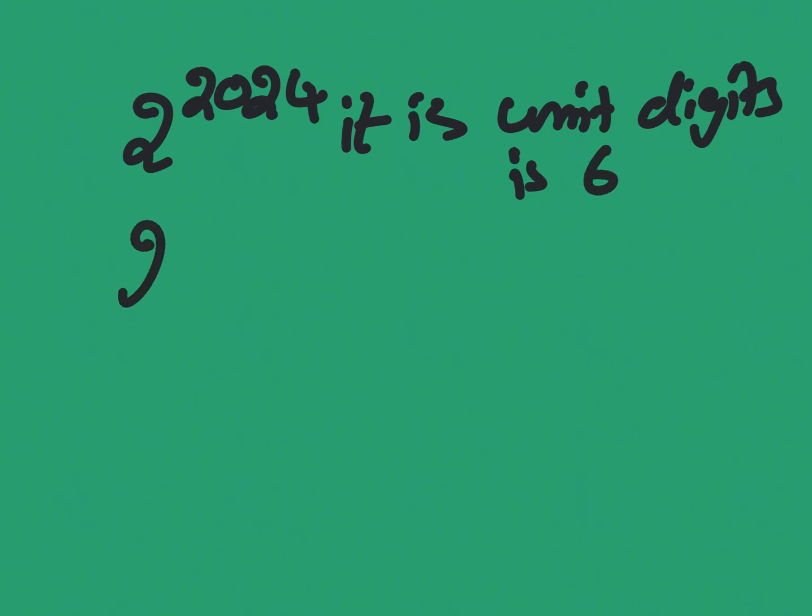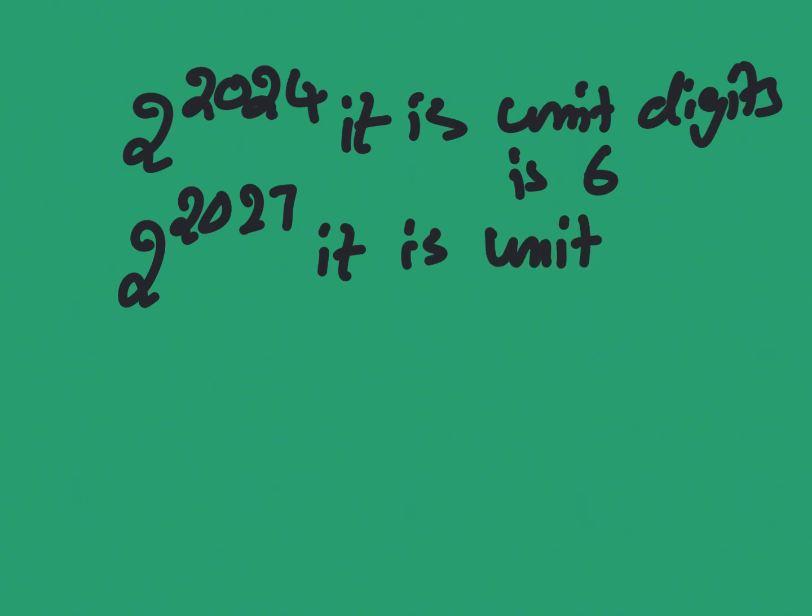In 2 power of 2027, its unit digit is 8.